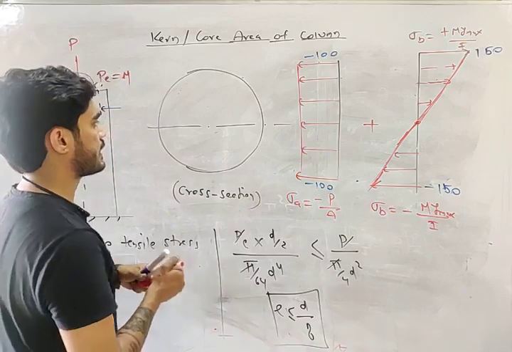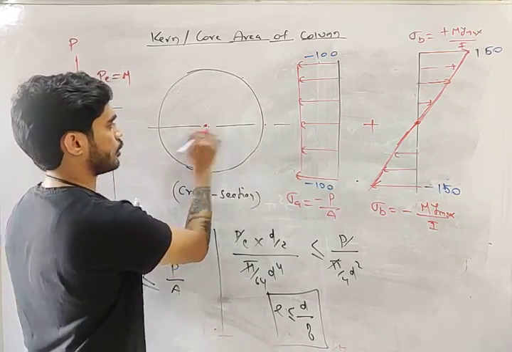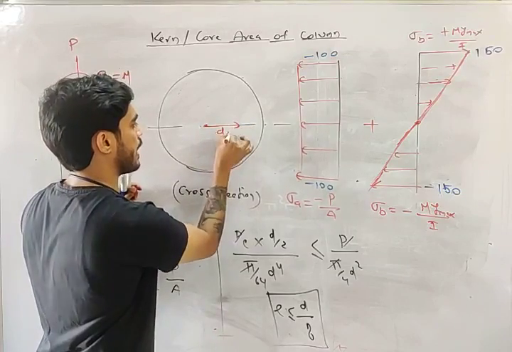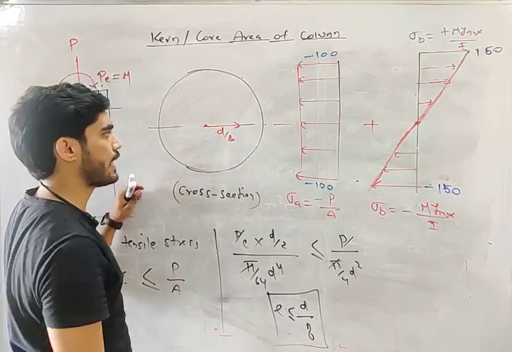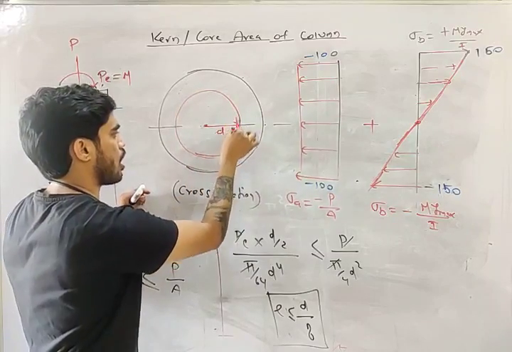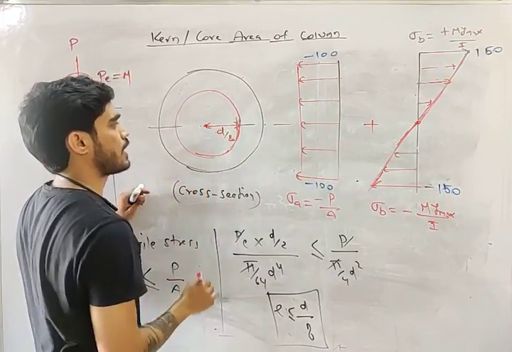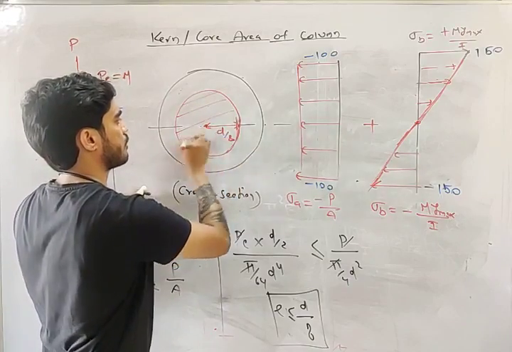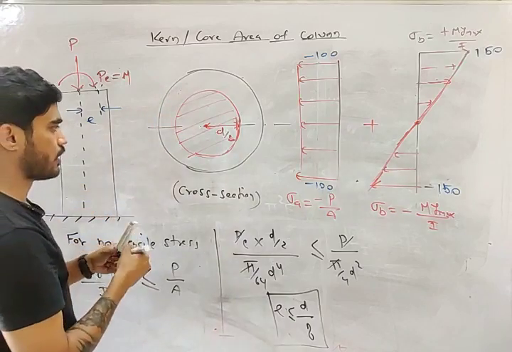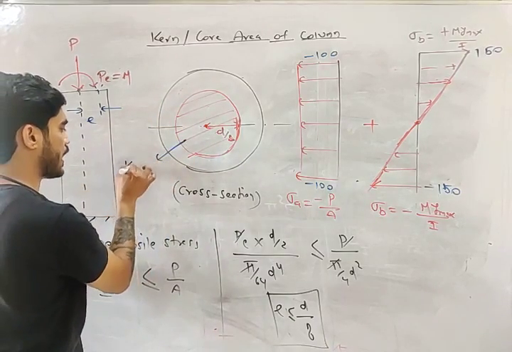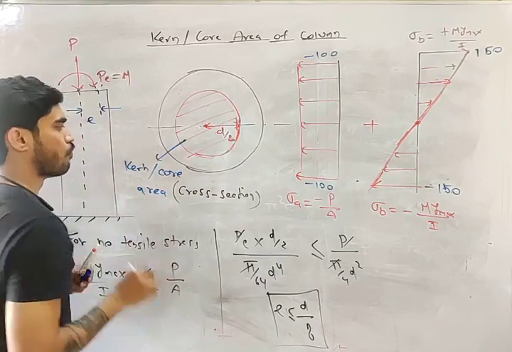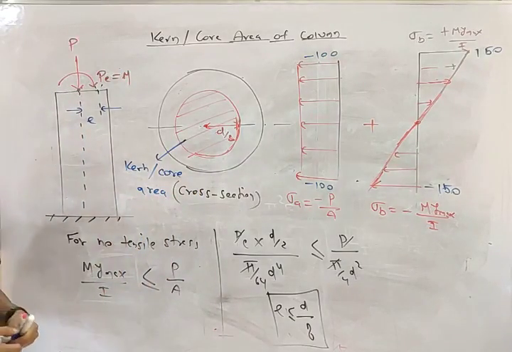Let's say this is the centroid. And let's say this is D by 8. If you draw a circle of radius D by 8, this area is known as kern or core area. What is kern or core area, my friend?